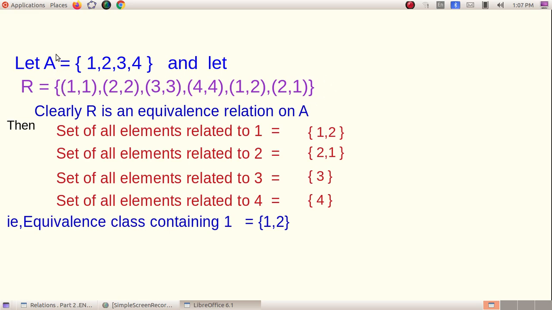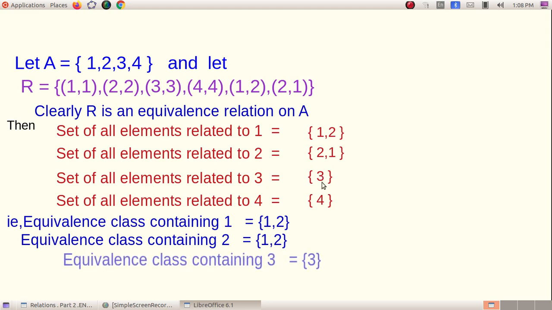When a set and an equivalence relation are there, an equivalence class must be there. Then what is the equivalence class containing 1? The set of all elements related to 1. How can we write the second line? The set of all elements related to 2 is the equivalence class containing 2, equal to the set {1, 2} or {2, 1}. Then the set of all elements related to 3 is the equivalence class containing 3.